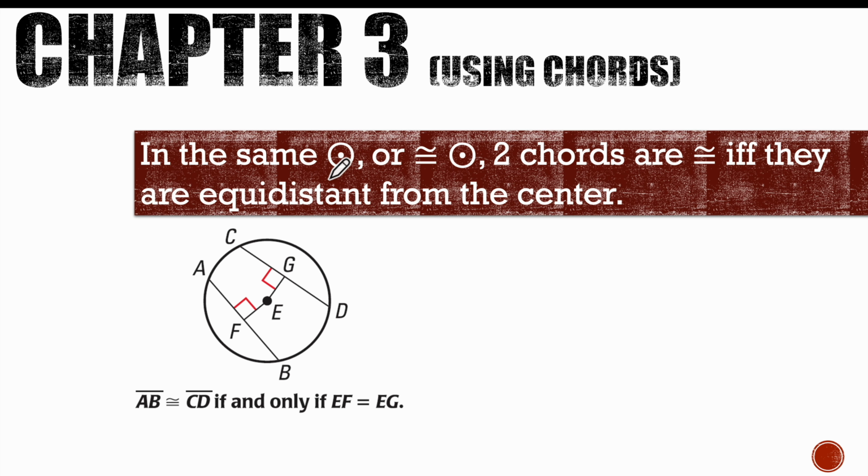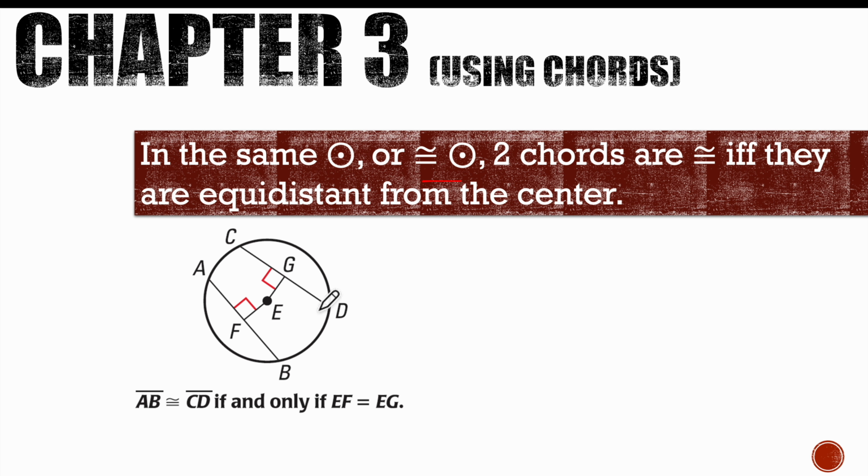In the same circle or congruent circle, this is the congruent sign, two chords are congruent if they are equidistant from the center. So earlier we saw that two chords are congruent when their lengths are the same. Two chords are congruent when the measures of their arcs are the same.